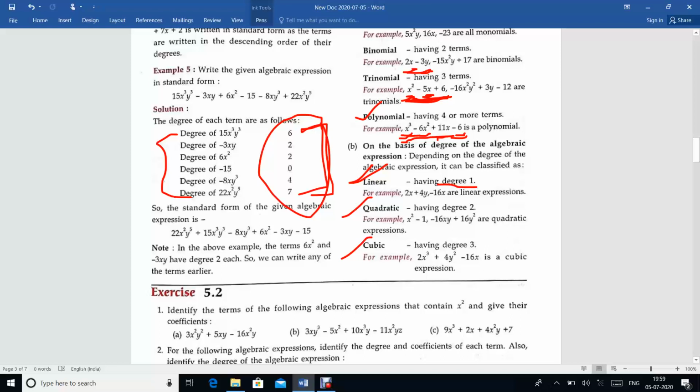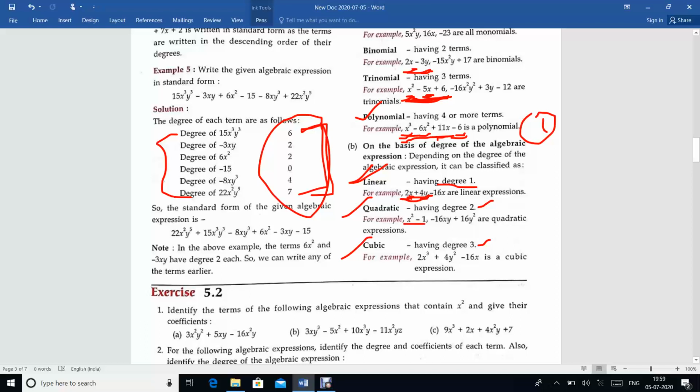If an algebraic expression contains 2 degree, then it is quadratic, and if any algebraic expression contains degree 3, then it will be cubic. See the example here, 2x plus 4y. 2x is the term containing only 1 degree, 4y is containing only 1 degree, so 1 will be the degree of the whole algebraic expression, so it is a linear expression.